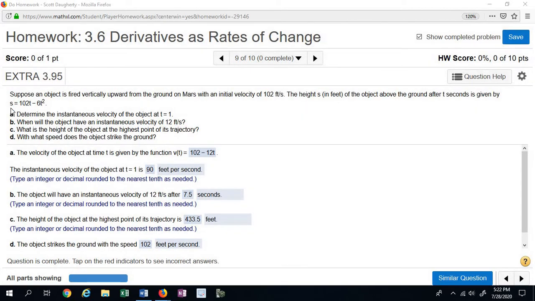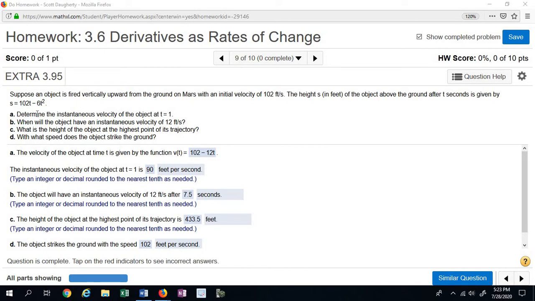It only moves up and down in one dimension. So it's probably good to think of this object as being placed on a number line that is oriented vertically. And so s tells you the position that the object is at on the number line for any given time t, and that's called a position function.